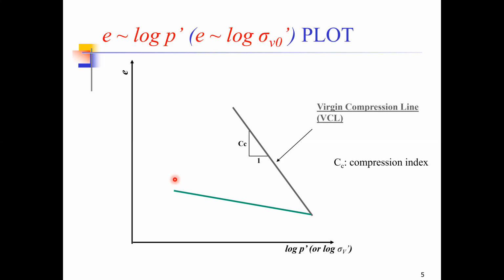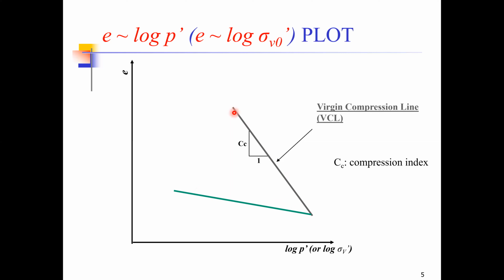Now, important for you to remember is that the soil does expand, but while expanding, the soil does not expand back to its original position. If the soil expanded back to the original case when you unload, this green line would have been overlying the initial line.